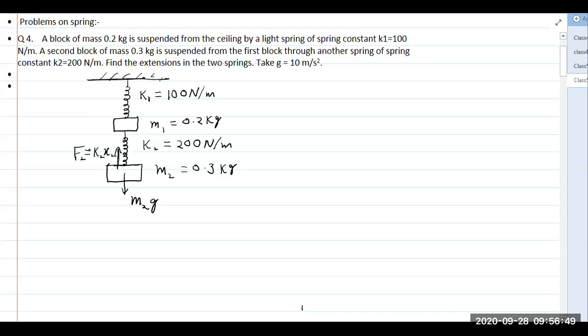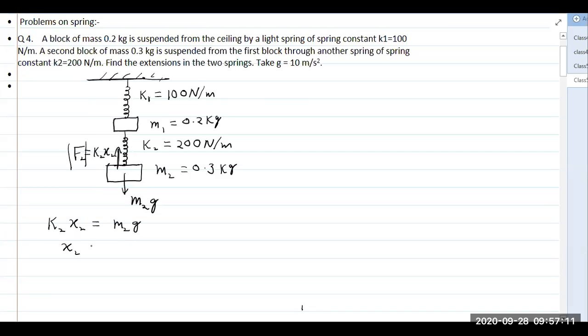We are writing just the magnitude. Since this object is not moving, the system is in equilibrium, so these forces will be balanced and we can write K2 x2 equal to M2G.